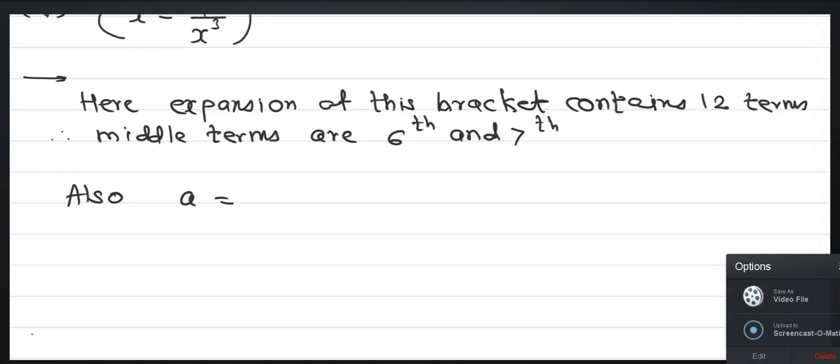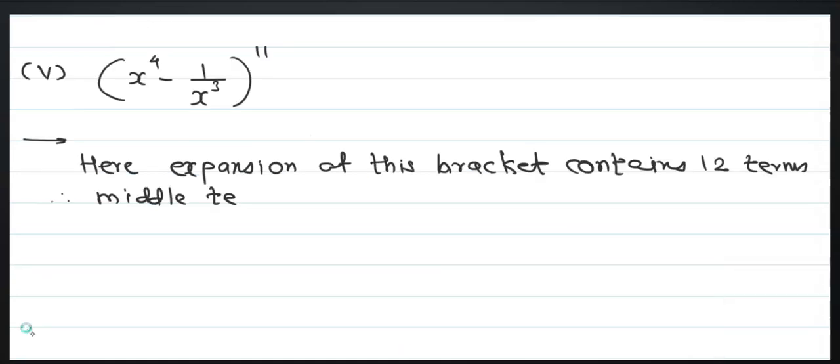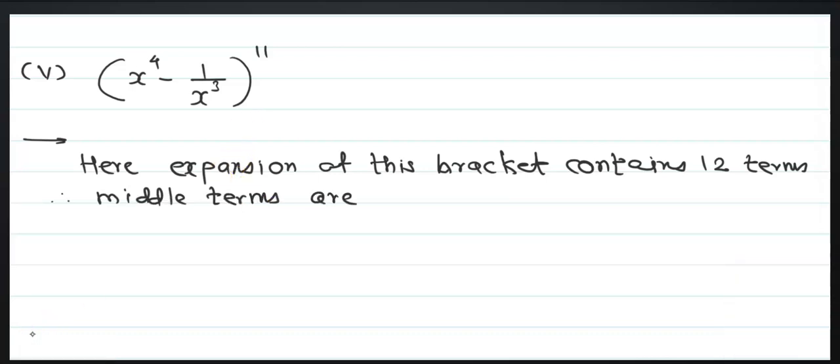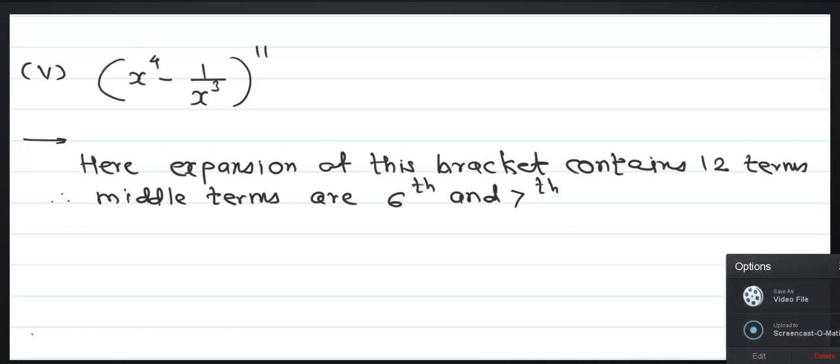For the bracket raised to 11, n plus 1 upon 2, that is 11 plus 1 upon 2, is the 6th one, and 11 plus 3 is 14, 14 upon 2, that is the 7th. Therefore, the 6th and 7th are the middle terms in this expansion.